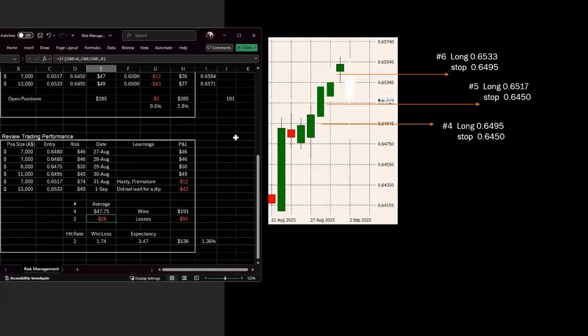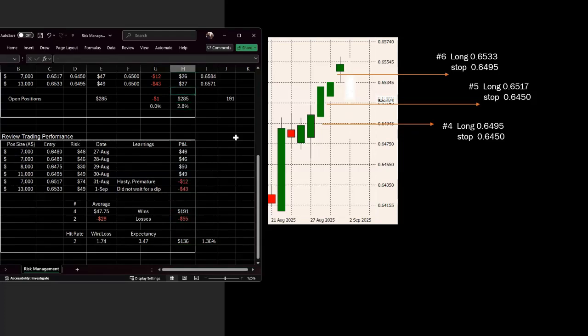Your average loss was $28. So that's excellent. A win-loss ratio of 1.74. That is brilliant, actually. Your total wins were 191 in this case, and your total losses were 55. So that's the total right there. And so your total net profit was 1.36% on the portfolio.